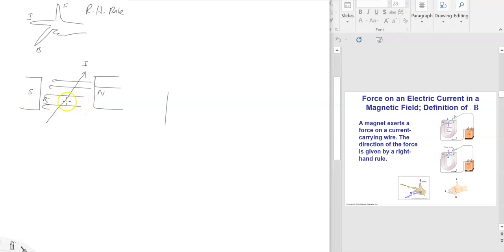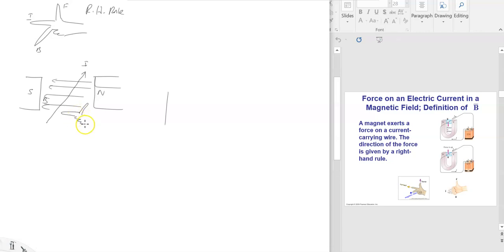Now take your right hand. Middle finger pointing this way. Sorry, not index finger, the middle finger pointing this way. Index finger is going into the board. It's more like this.